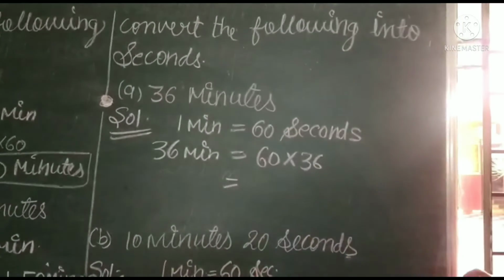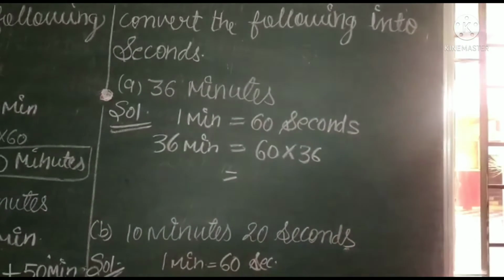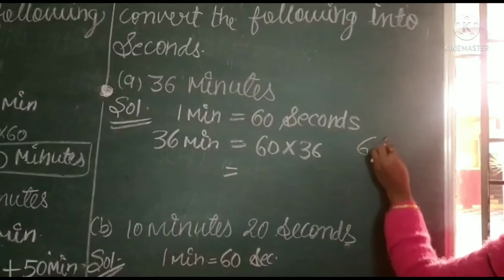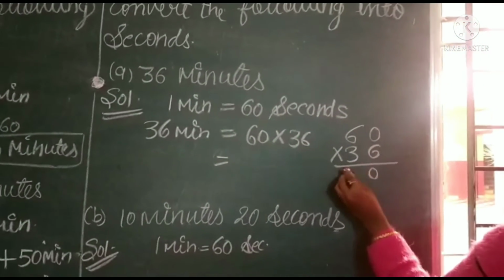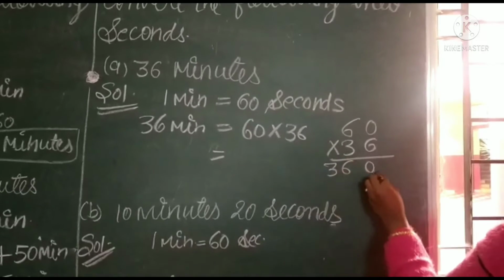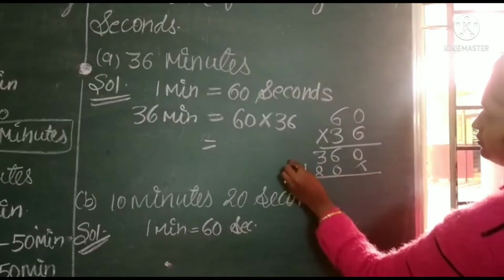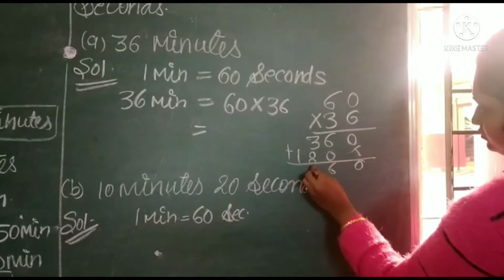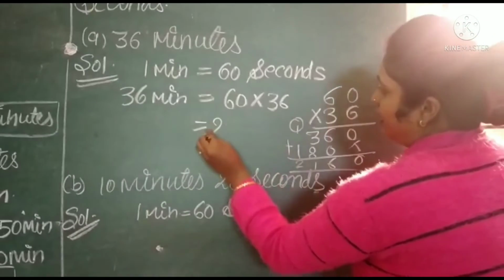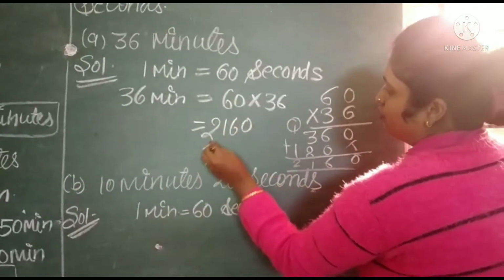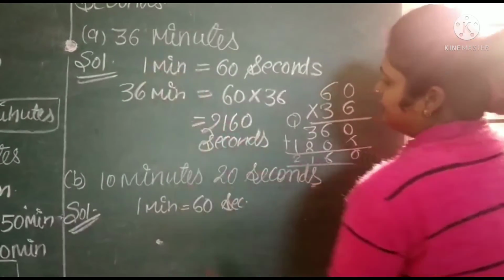So here we have to do multiplication, 60 into 36. 6 0s are 0, 6 6s are 36. Now 3 0s are 0, 3 6s are 18. Here we have 2160 seconds in 36 minutes.